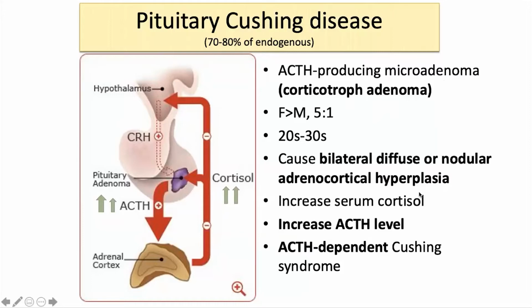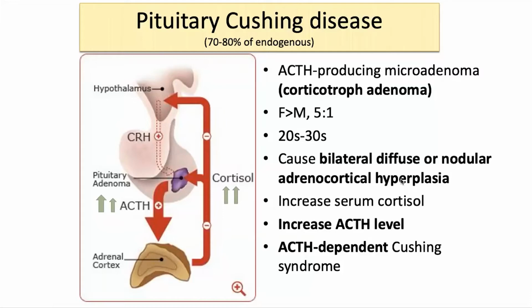You know why? Because when there is an increase in the ACTH from the pituitary gland, the ACTH will stimulate both adrenals, not only one adrenal. That's why it causes bilateral diffuse hyperplasia of the adrenal glands.